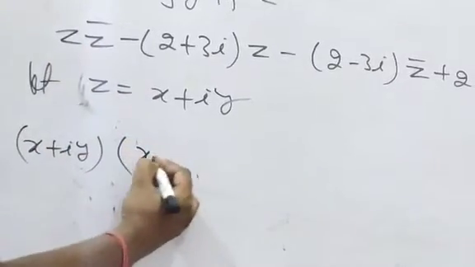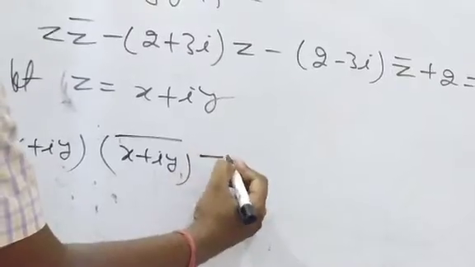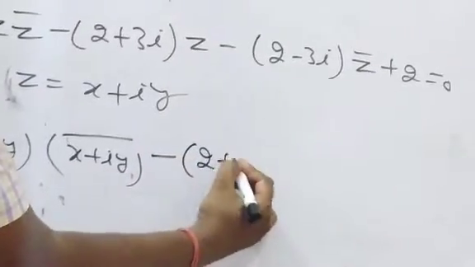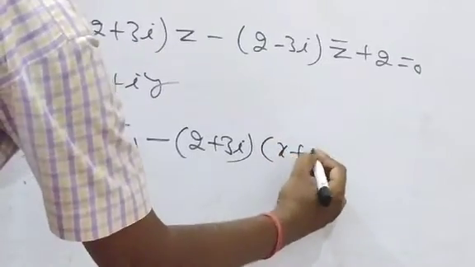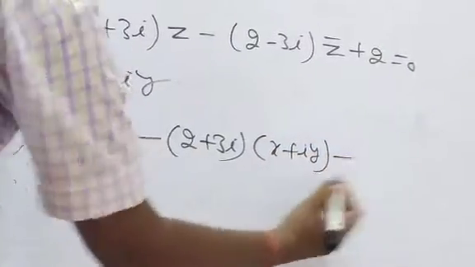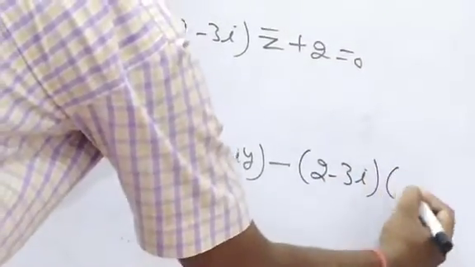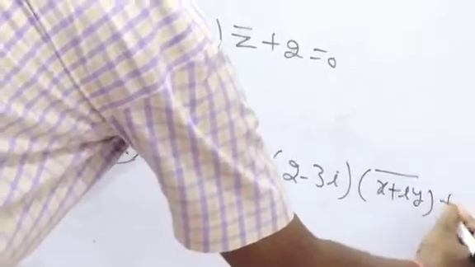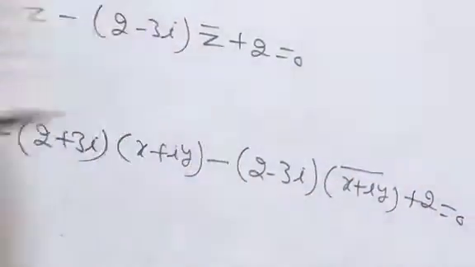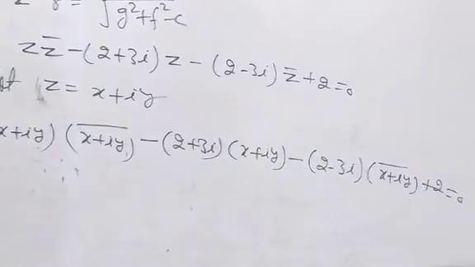Here (x plus iy) bar minus 2 plus 3i, z means x plus iy minus 2 minus 3i, and (x plus iy) bar plus 2 is equal to 0. Clear? Okay.